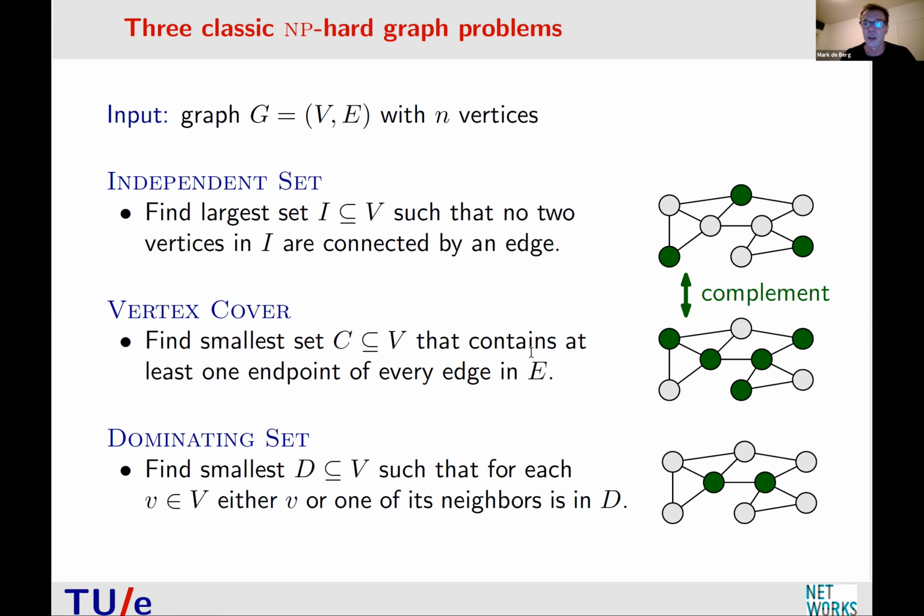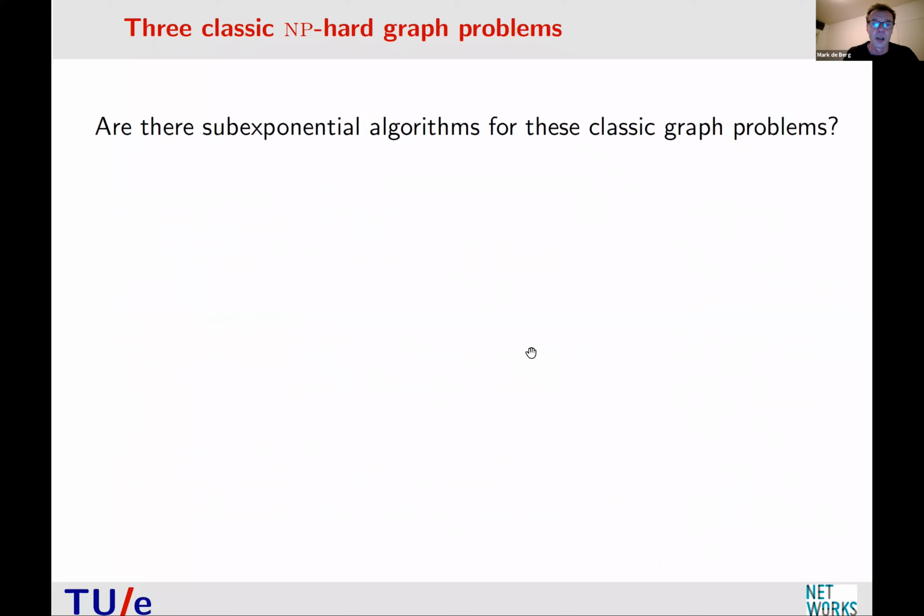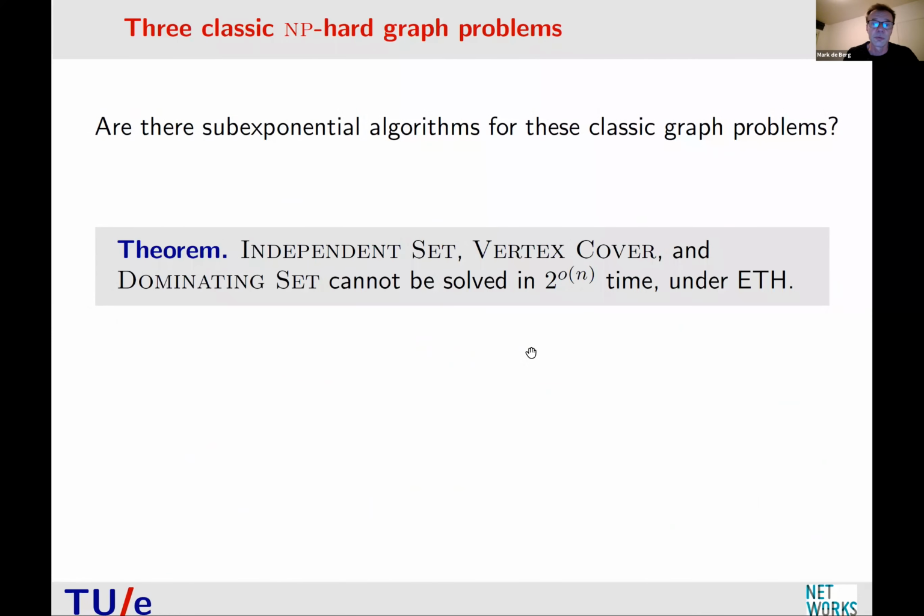So if we cannot get sub-exponential algorithms for 3-SAT, maybe we can get sub-exponential algorithms for these kinds of graph problems. Well, bad news, not possible. Assuming this exponential time hypothesis, you cannot get sub-exponential algorithms for these classic problems.